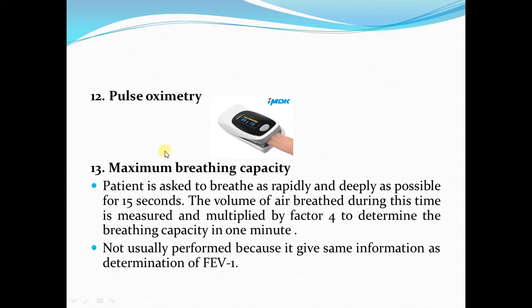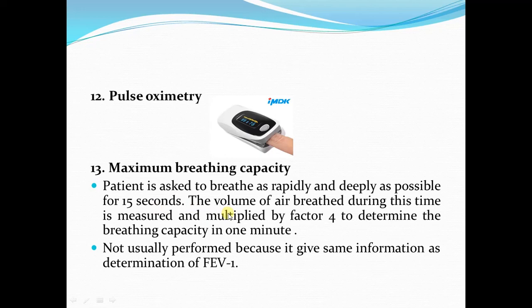Then the last test is maximum breathing capacity. Although this test is not performed now, I will just tell you what it is. In determination of the maximum breathing capacity, the subject is asked to breathe as rapidly and deeply as possible for 15 seconds.